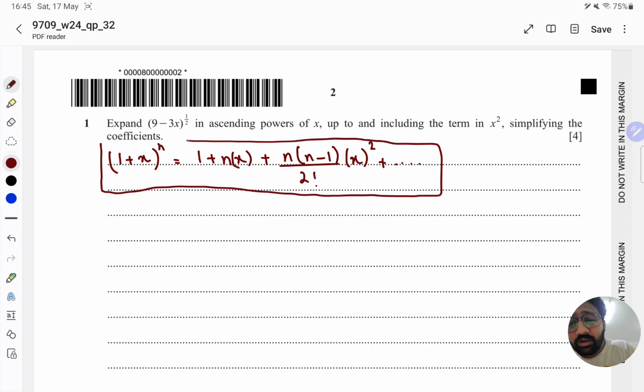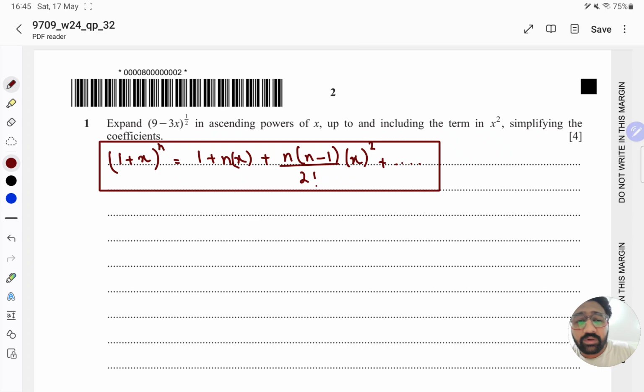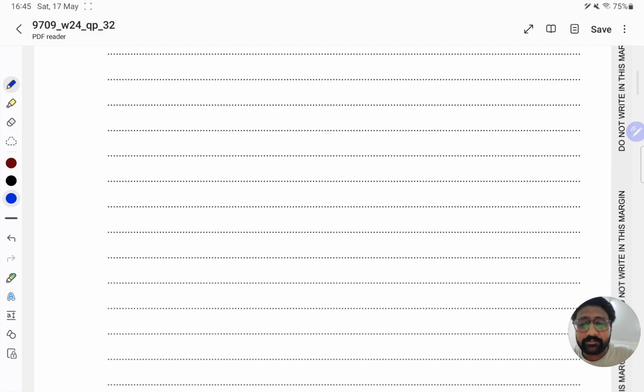So if you look at this formula and the question that is given to us, we need to make the first term 1. So how can we make the first term 1? By taking 9 out of it. So if I take 9 from there, it will become 1 minus 1 over 3x, and the power will be whole, which is 1 by 2.